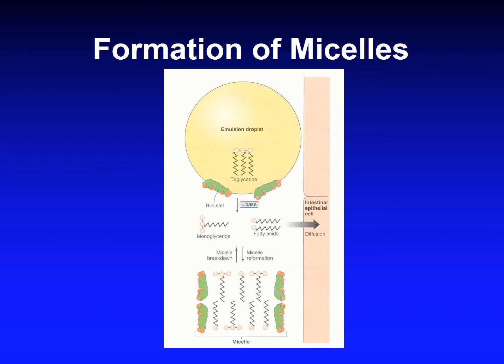Of course, the bile salt is not going to be absorbed to the enterocyte. Only the fatty acids and monoglycerides, as well as the cholesterol, will be going into the enterocyte, whereas the bile salt is going to be reabsorbed and going back to the gallbladder after the blood circulation.